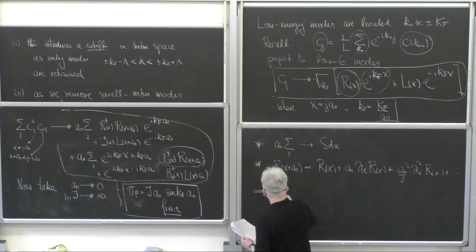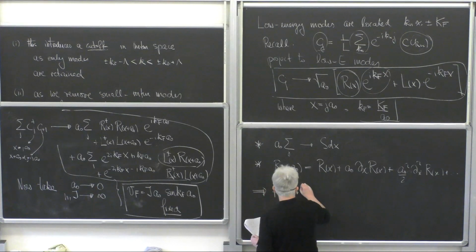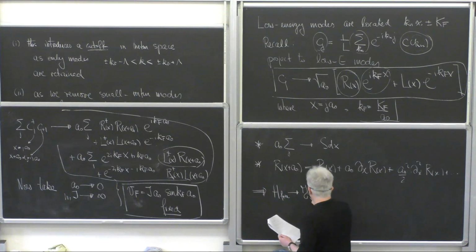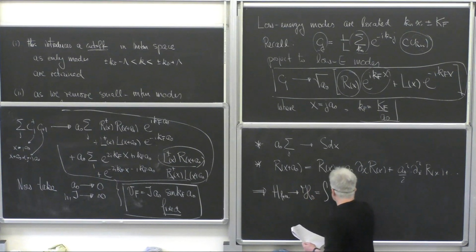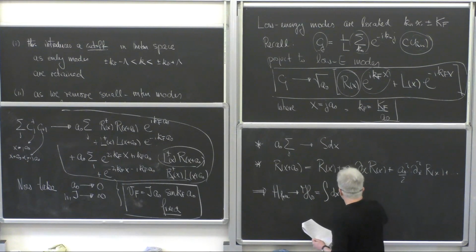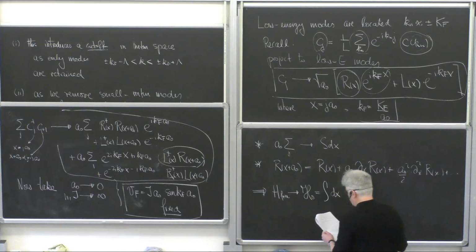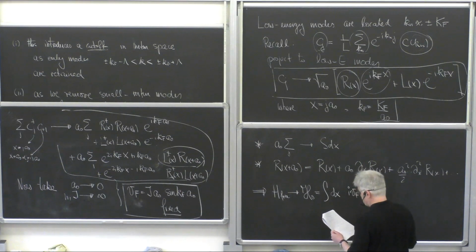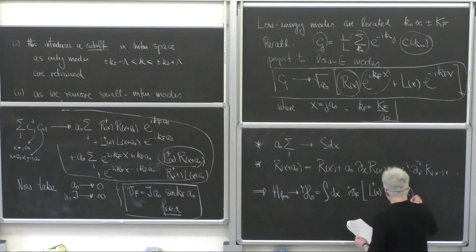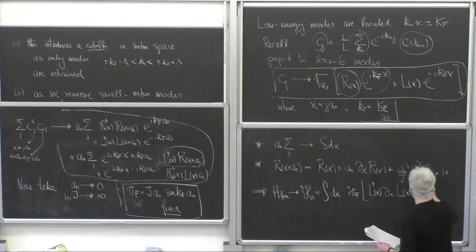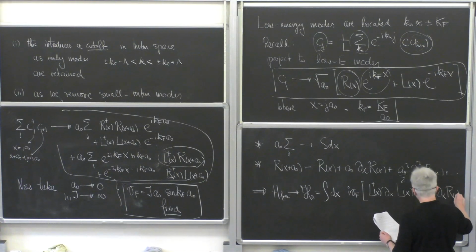And what you find is that the free part of the Hamiltonian now has a field theory limit, which I call curly H naught, and that's the integral dx of i vF, left dagger of x dx left of x minus right dagger of x dx right of x.